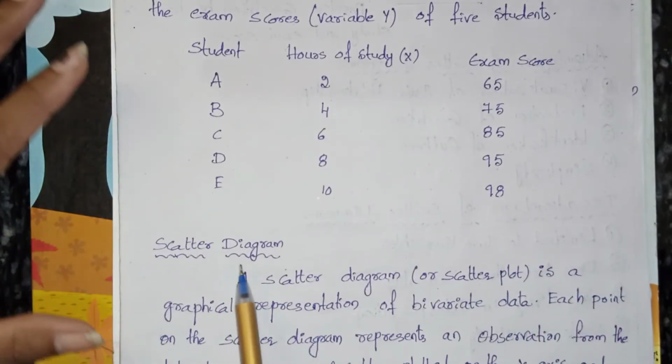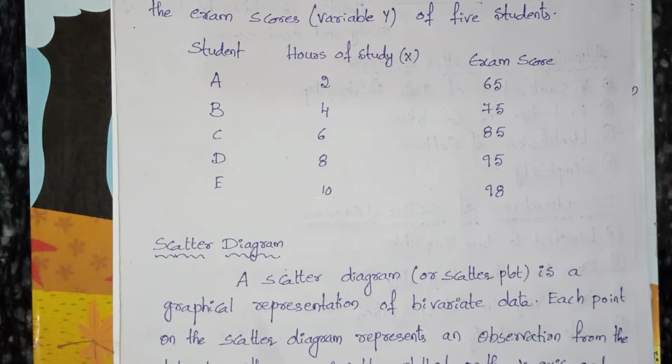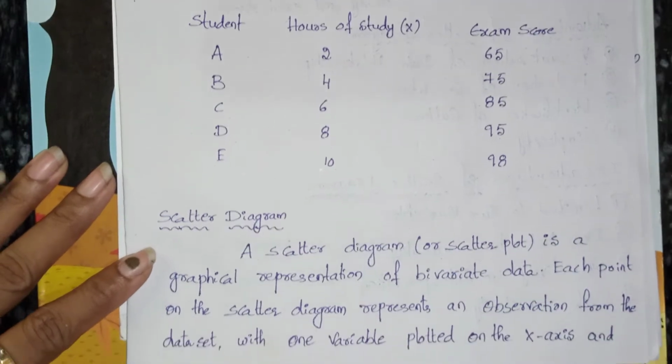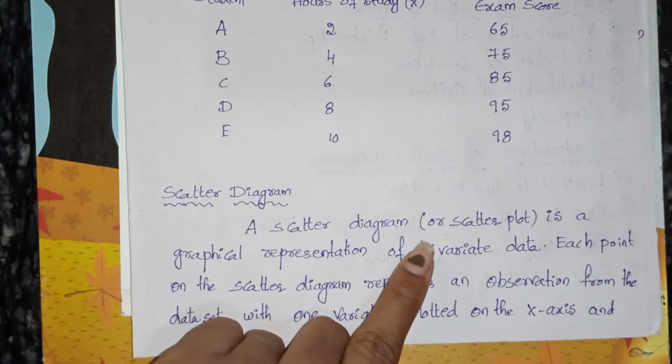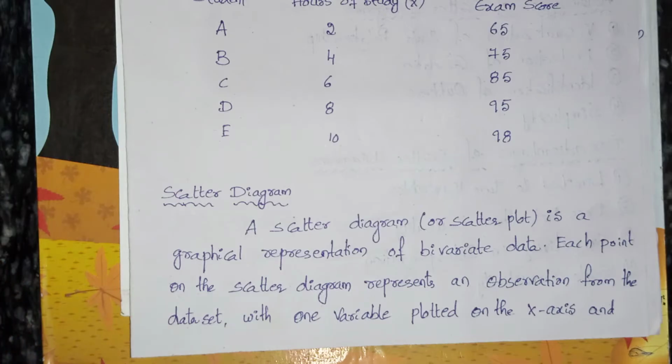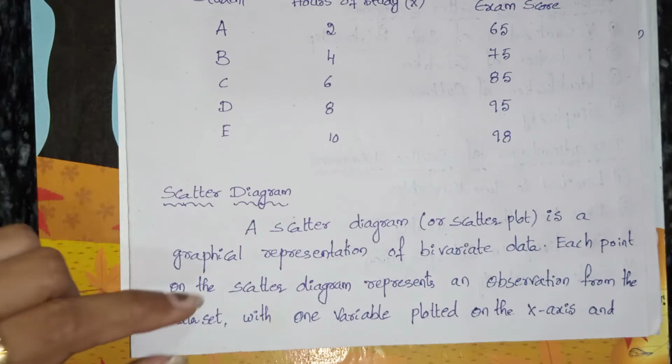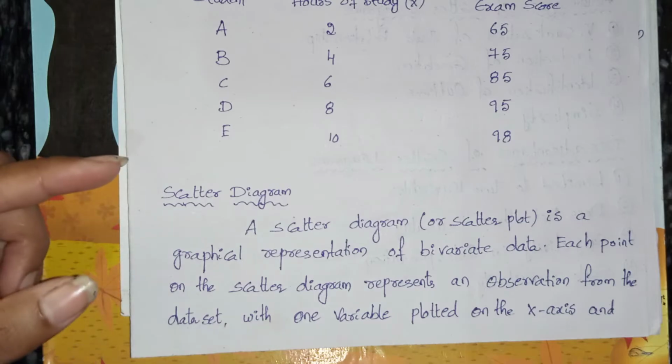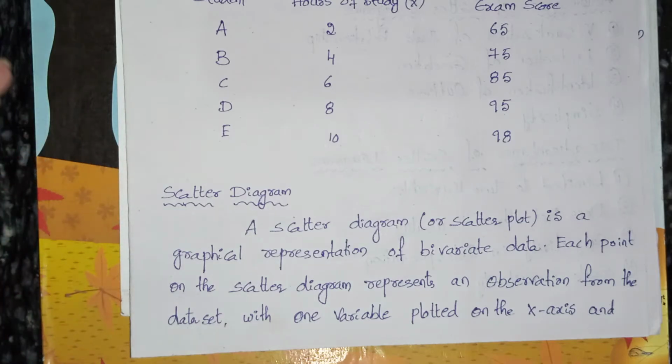So the next topic is the scatter diagram. Bivariate data, I think you all understand. A scatter diagram means a scatter plot.